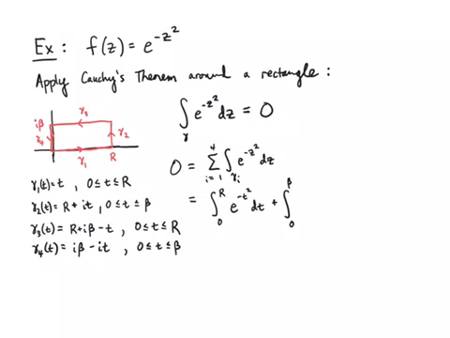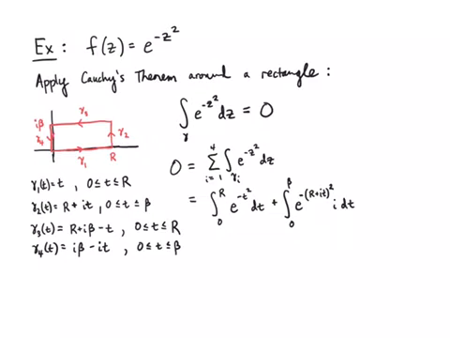Then we have the integral from 0 to beta of e to the minus z squared, so that's r plus it, squared, and then dz/dt here is just i, so we have an i and then a dt.